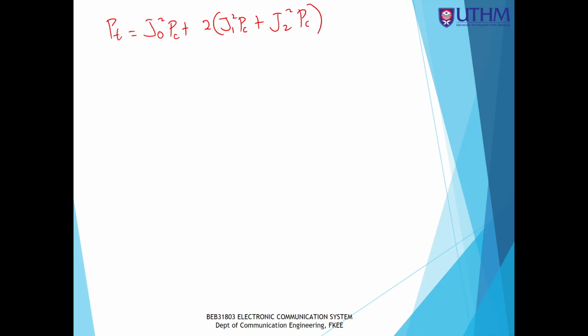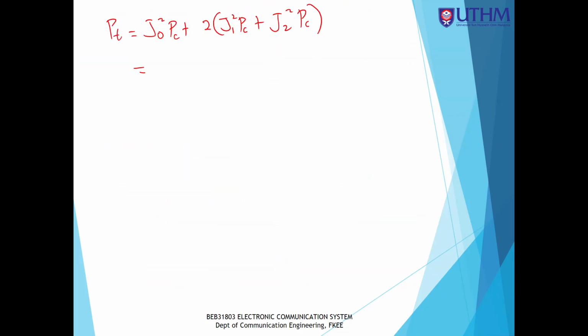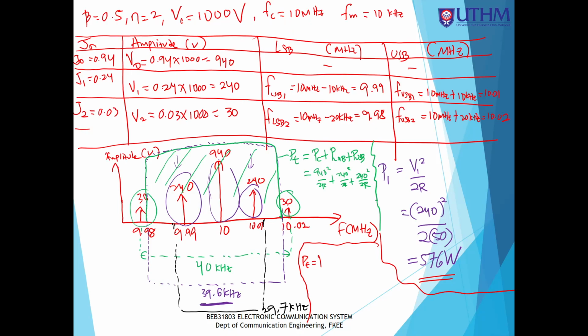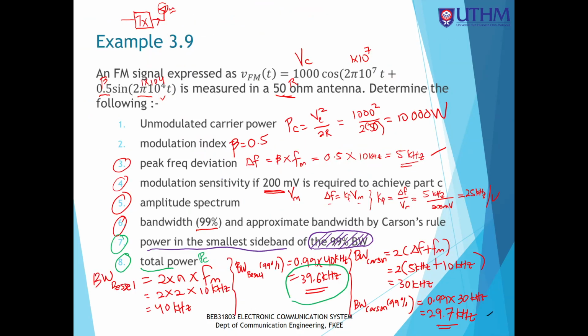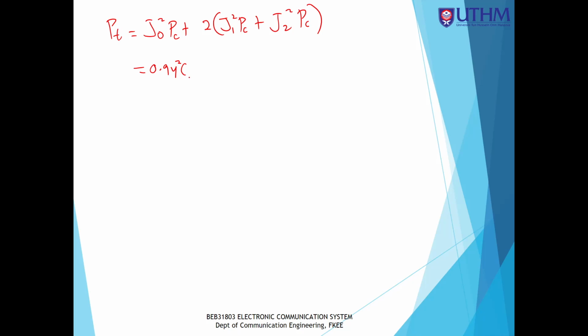And here J0 square is 0.94. How much is PC? We already got PC as 10,000 watt.